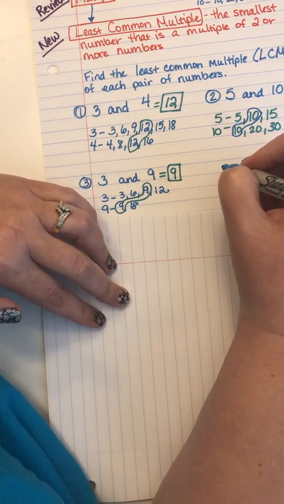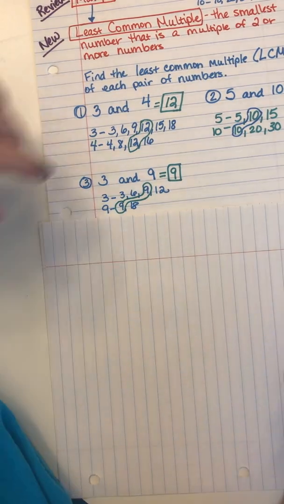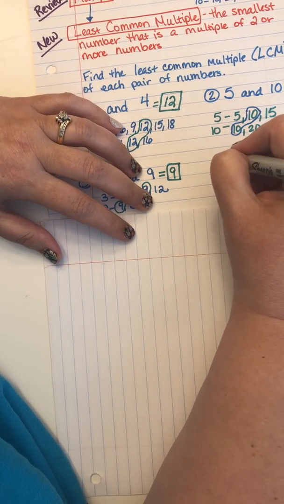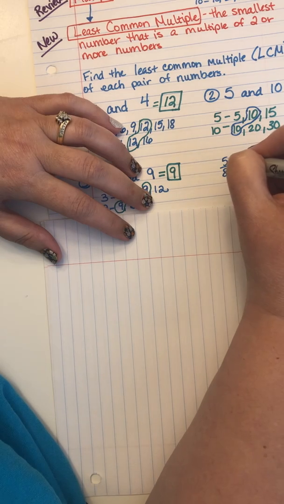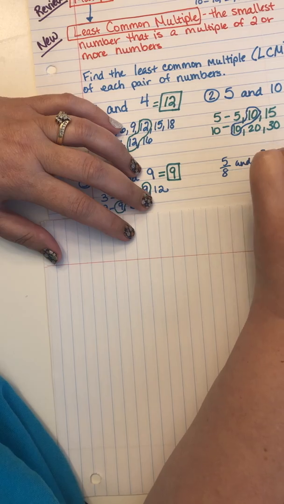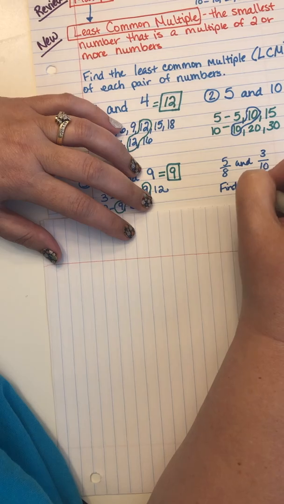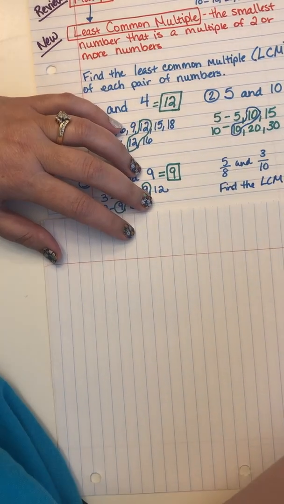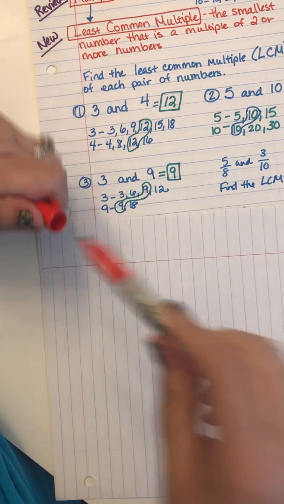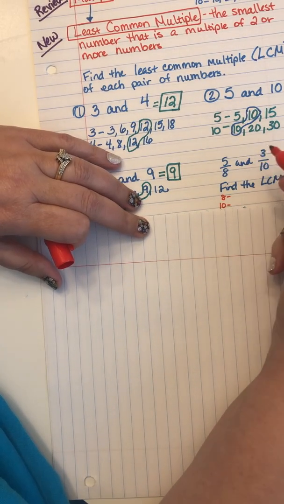So I know in your practice problems, you have fractions. And so if you had the fraction 5/8 and then 3/10, and you needed to find the lowest common multiple of those numbers, you would write out your two numbers, 8 and 10, and write out your multiples.